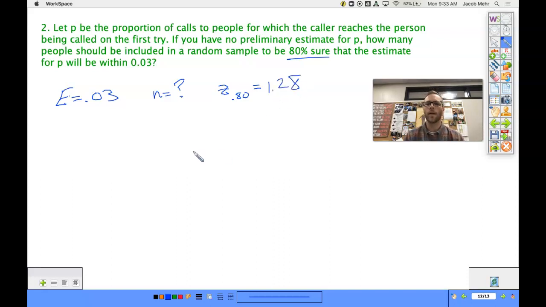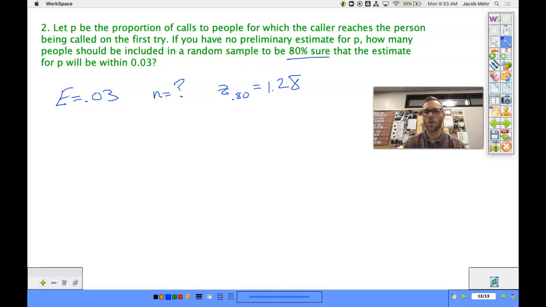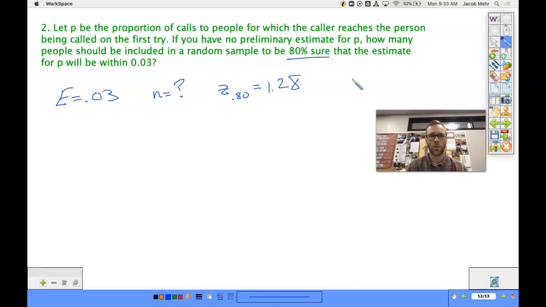Now, we have no idea what the proportion could really be. Is it 60% answer on the first time? Is it 40%, 30%, 90%? We don't know. So because we do not know, we have no preliminary estimate for P, we're going to say P times Q is 0.25 because we know that's the biggest it could be.